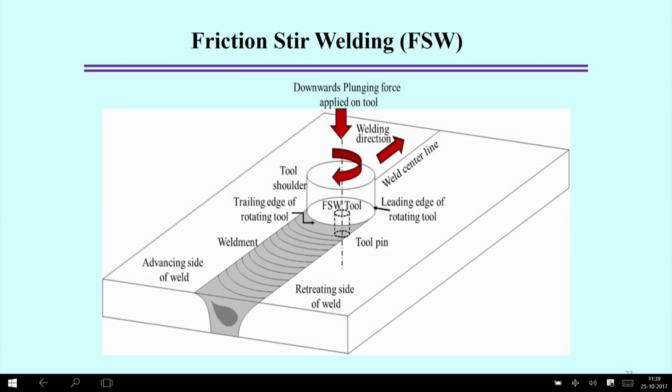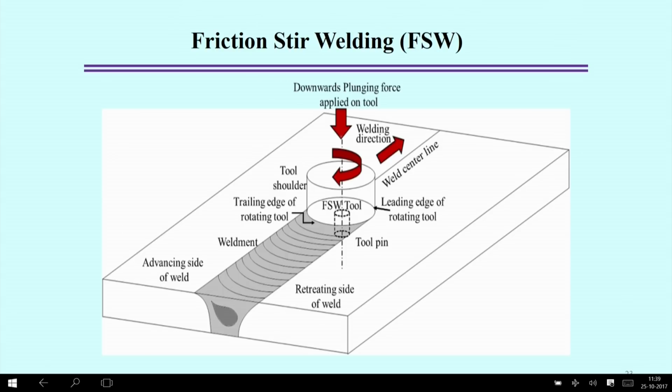There are two kinds of movement of the tool. One is the rotational movement of the tool that helps to generate frictional heat. At the same time, there is transport, which is called the welding speed, to gradually move the tool in one specific direction, and that also helps to make the joint between the two surfaces.